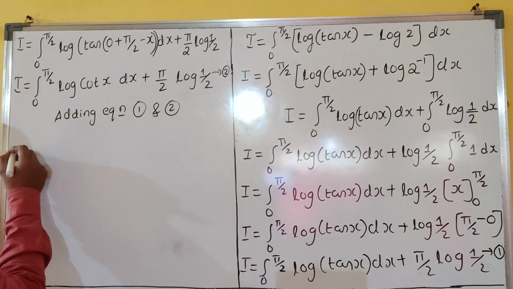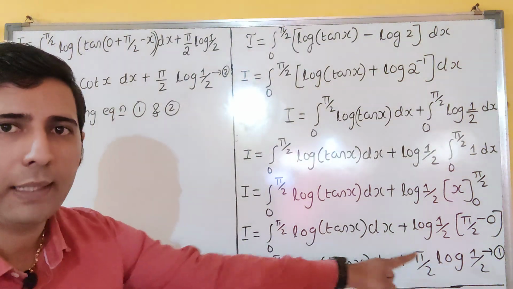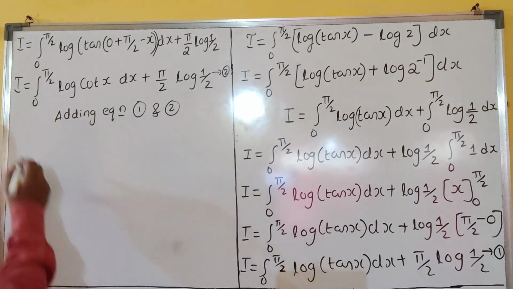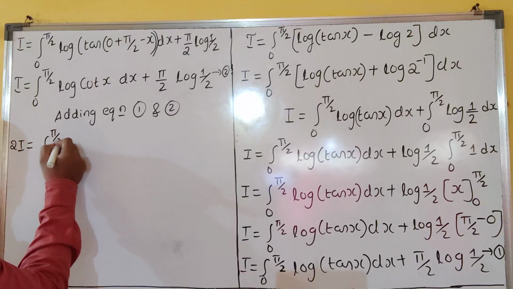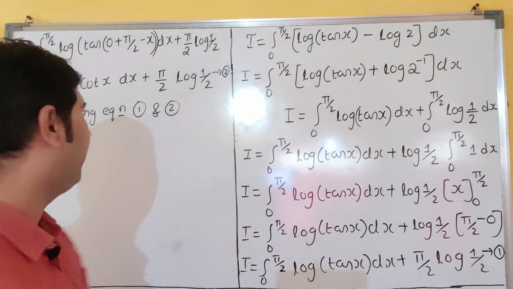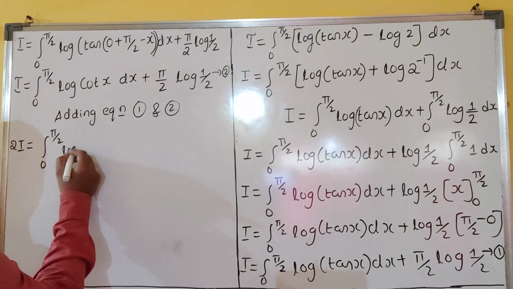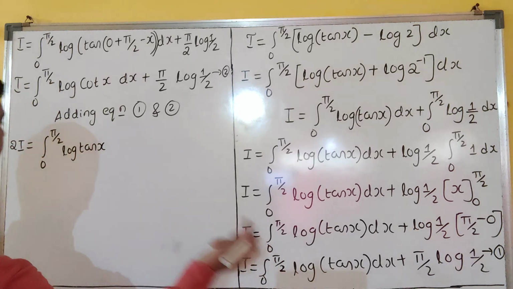What will happen now? See, add them. Equation 1 is this. So I plus I, 2I, equals 0 to pi by 2 log tan x dx, into dx. Both have 0 to pi by 2, same only.